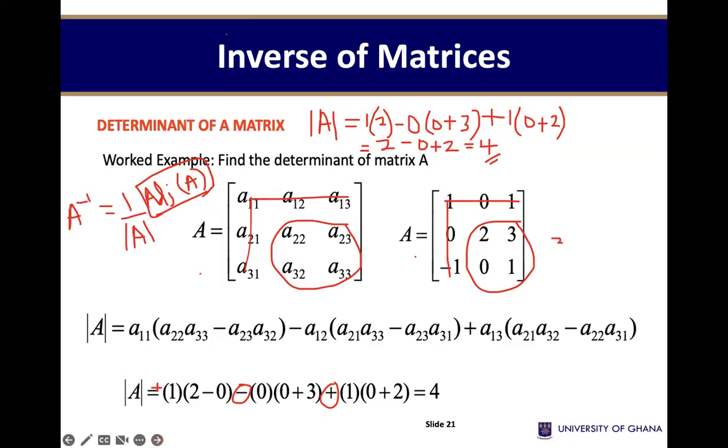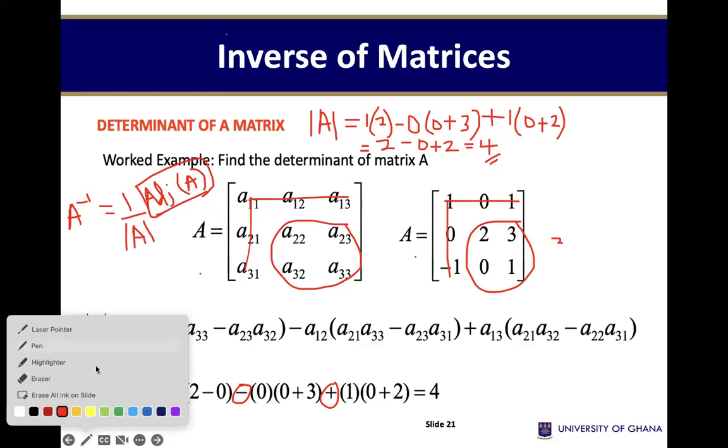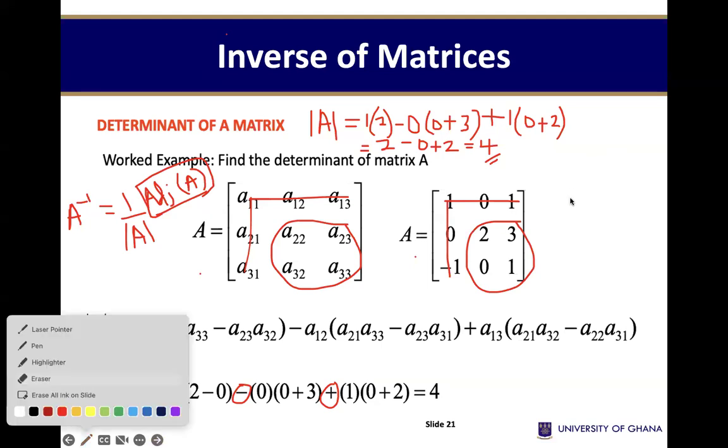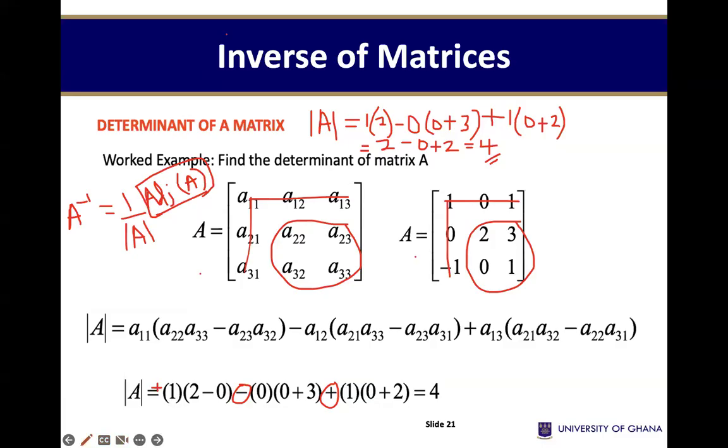So let me use this to find a minor so that we all can follow, right? So in that case, I can now come back here and then let me clean this. So let's use this example to find a minor so that we all follow. So the first minor, let me get a space. Let me call the minor just M of A, which is basically saying I'm finding the minor of A, right?